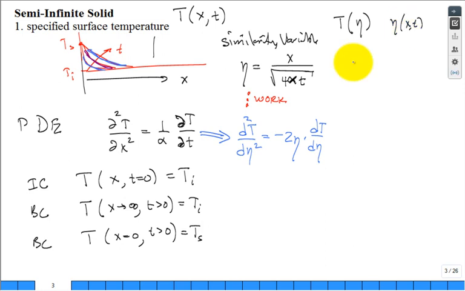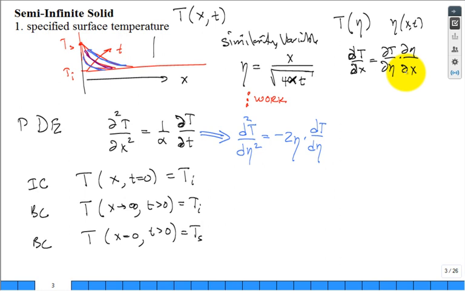So what we do is we say, well, before I had the first derivative with respect to x, well, that should be a different type of derivative, a partial derivative. Well, that's the derivative of temperature with respect to eta times the derivative of eta with respect to x, from calculus.